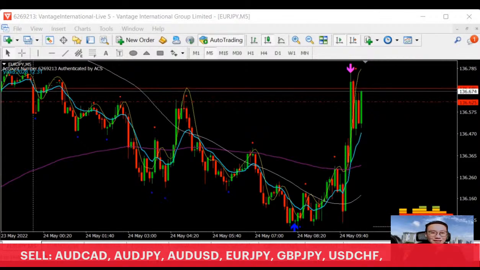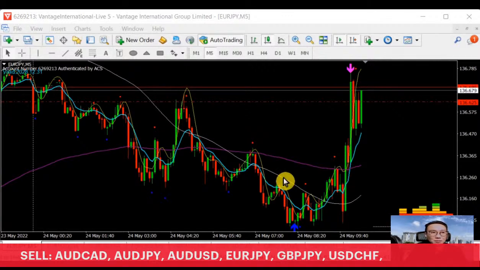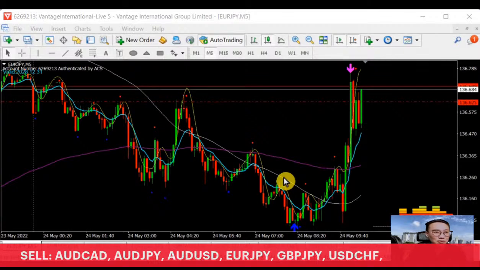So yeah, we are still waiting, another 8 minutes to go for the German PMI release. I guess the market today is still in a state of should we look for selling, should we look for buying?